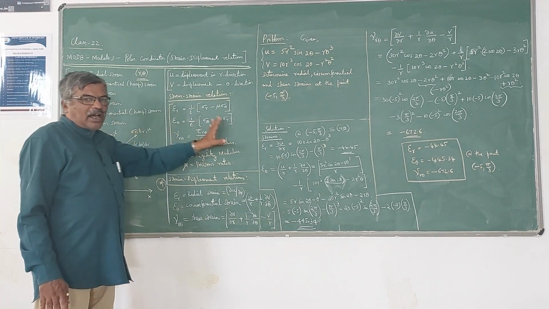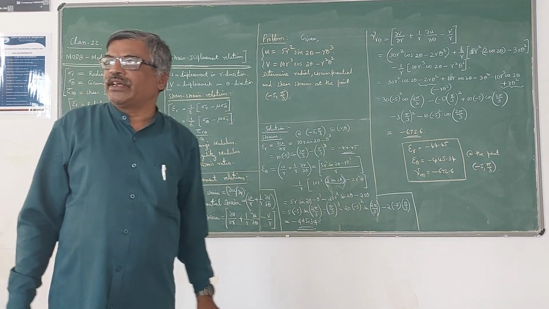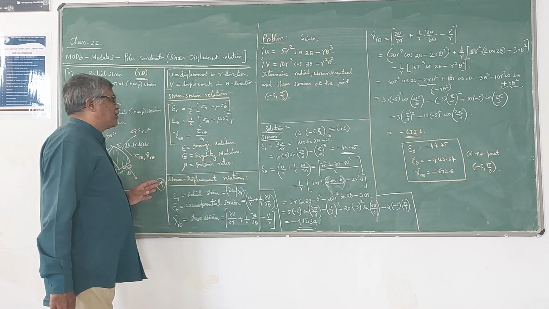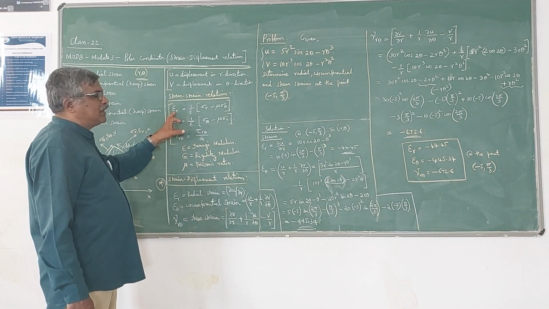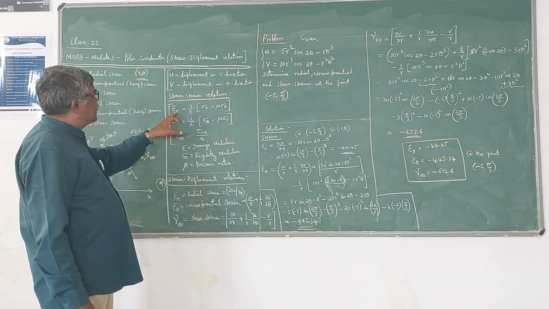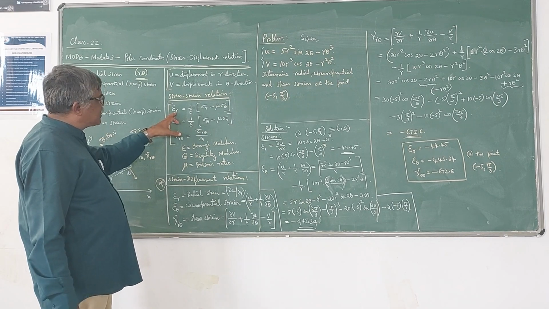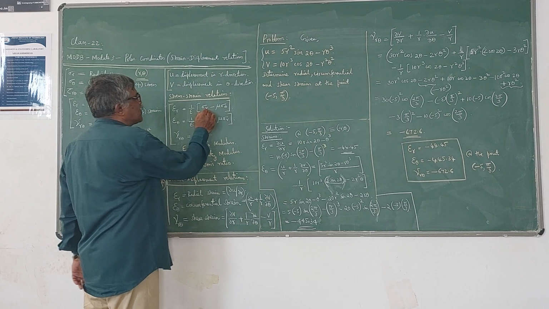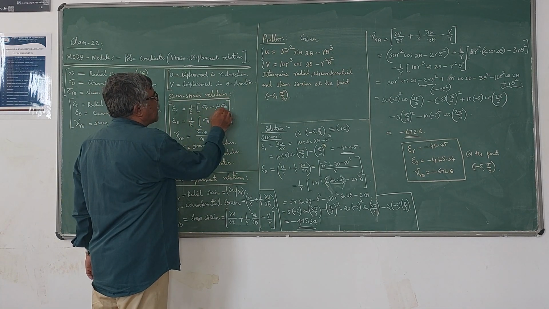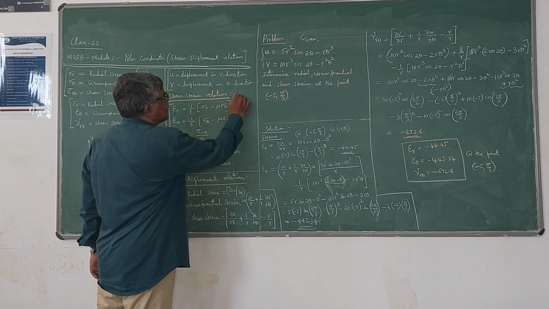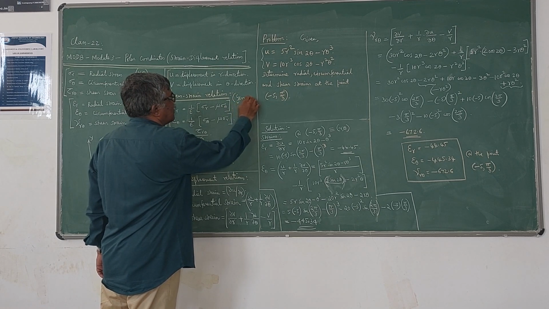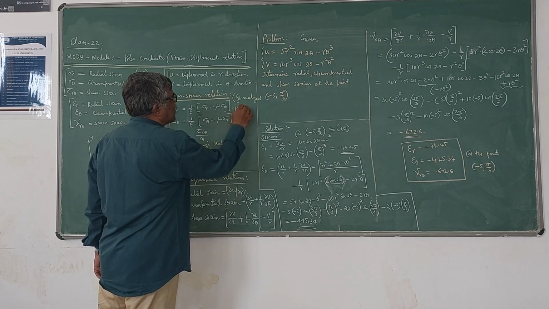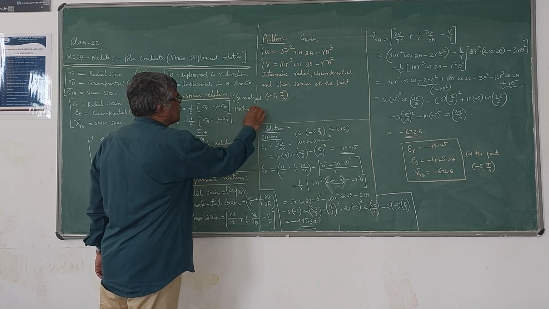Now you can always have a relationship between these stresses and strains similar to the Cartesian coordinate system. If you want the normal strain in r direction, that is epsilon r, it is given by 1 by E into sigma r minus mu times sigma theta. This is nothing but your generalized Hooke's law, which we have learned for Cartesian coordinates also in a three-dimensional system.